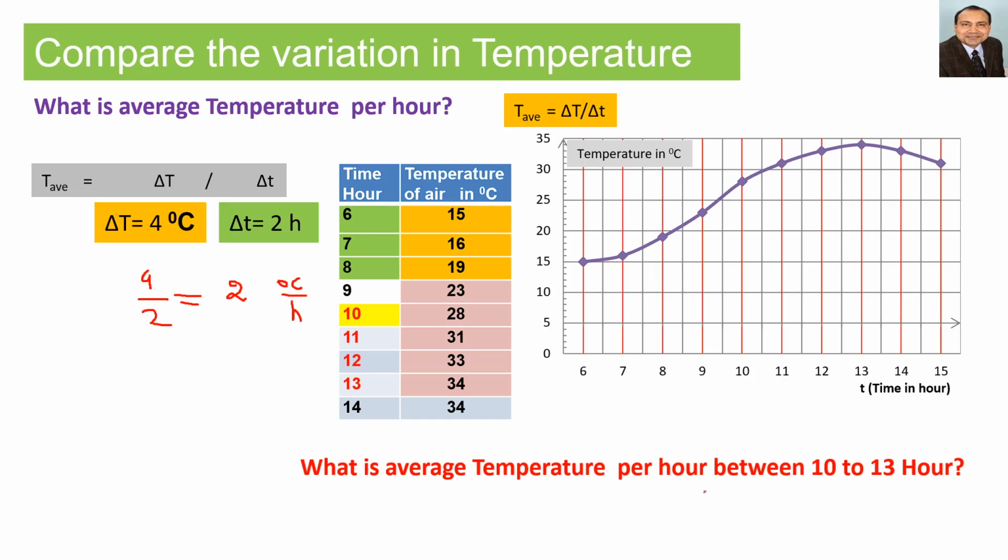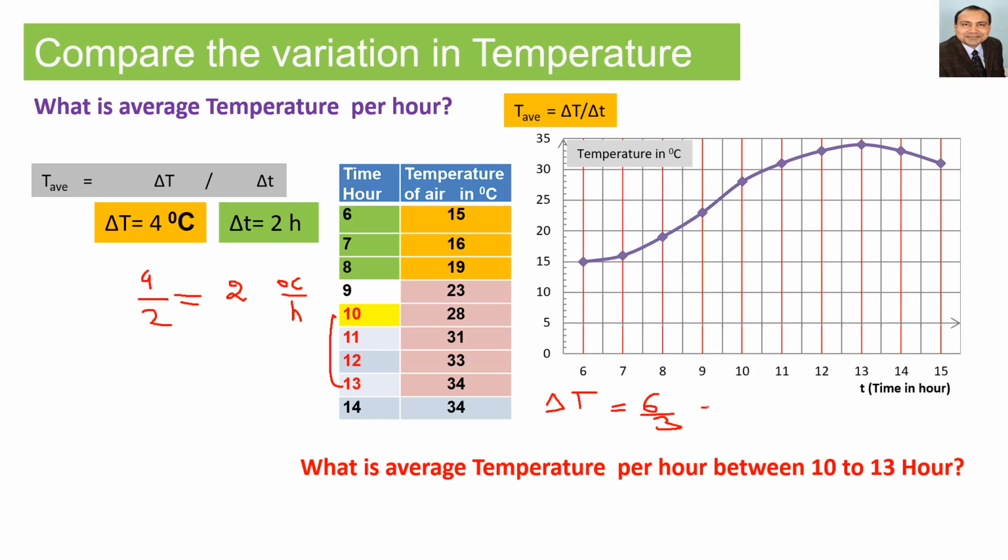What is the average temperature change per hour between 10 to 13? So 10 to 13, this interval. The change in temperature is 34 minus 28 is 6. So you have here delta T equal to 6. The change in time here is 13 minus 10 is 3.